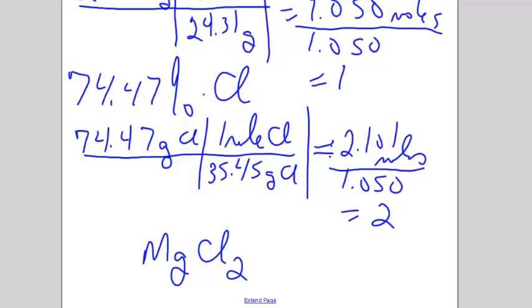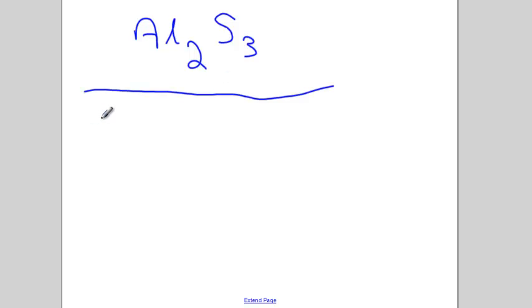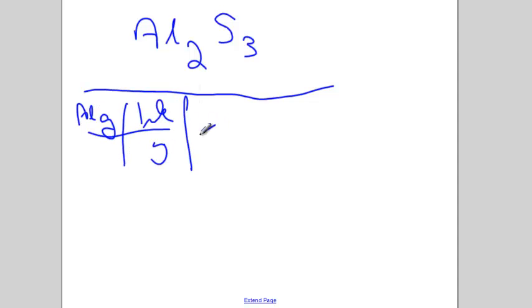But what if you have a formula that's something like Al2S3? And that's the one you're trying to find. When you do the division, I don't want to do this all out because it will take a long time. But what's going to happen is you're going to have some grams of Al that you've turned into moles. And it's going to end up being something like 1.333.